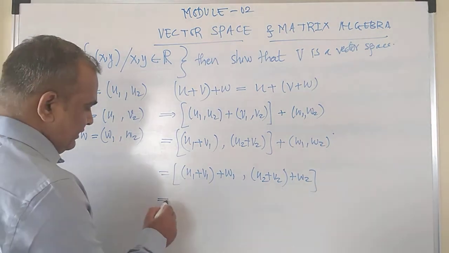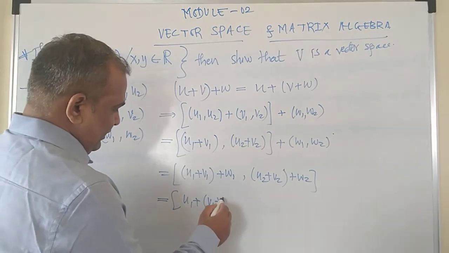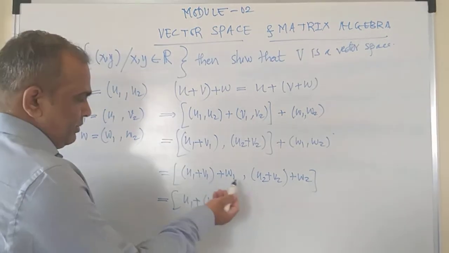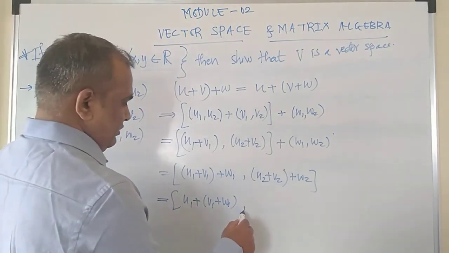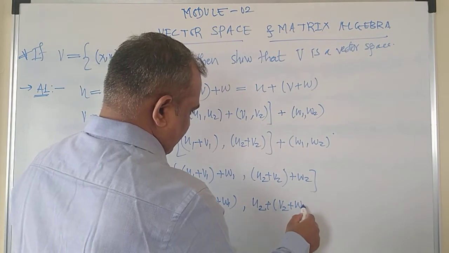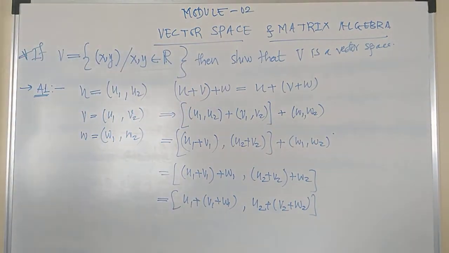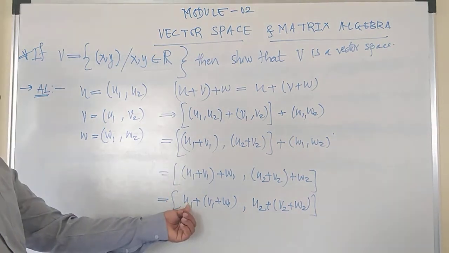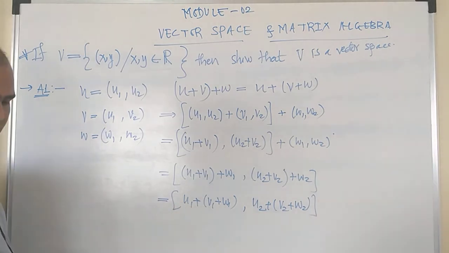This can be written as u1 plus v1 plus w1. I can change the bracket as we have studied the properties of vectors. So u2 plus v2 plus w2, right? If this can be done, then we can write this as u1 u2.